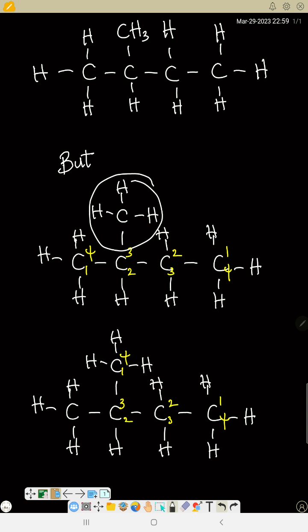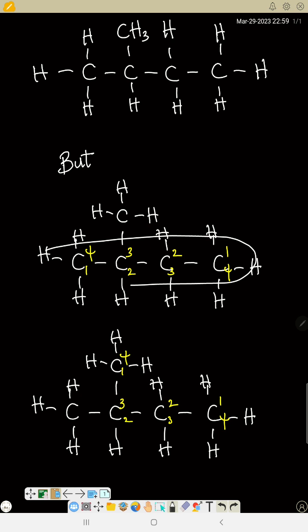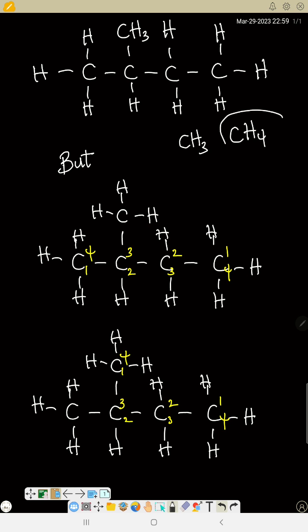Without this attachment, it should be butane. So now, see that attachment now. After you have located your longest carbon chain, the one that you did not consider in the carbon chain is now attachment. So if you look at that attachment, you will see CH3. It is one short of hydrogen from CH4. Remember, CH4 will be methane.